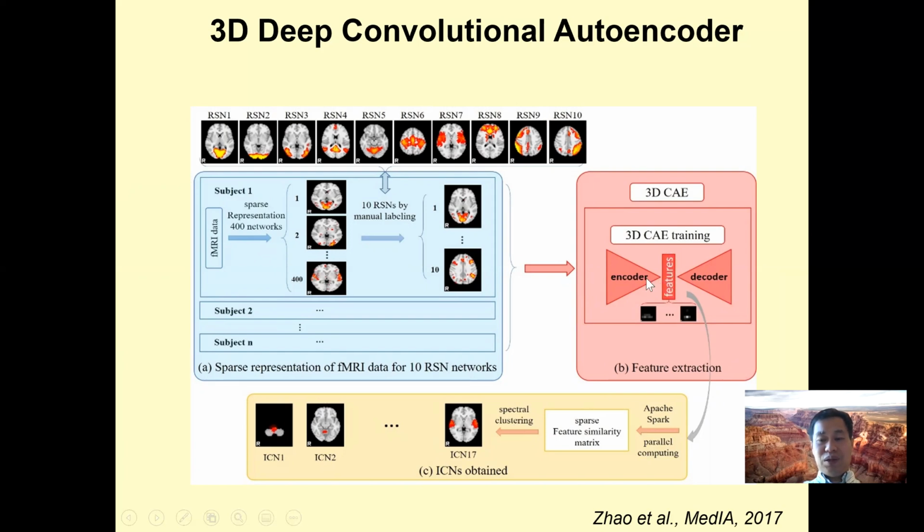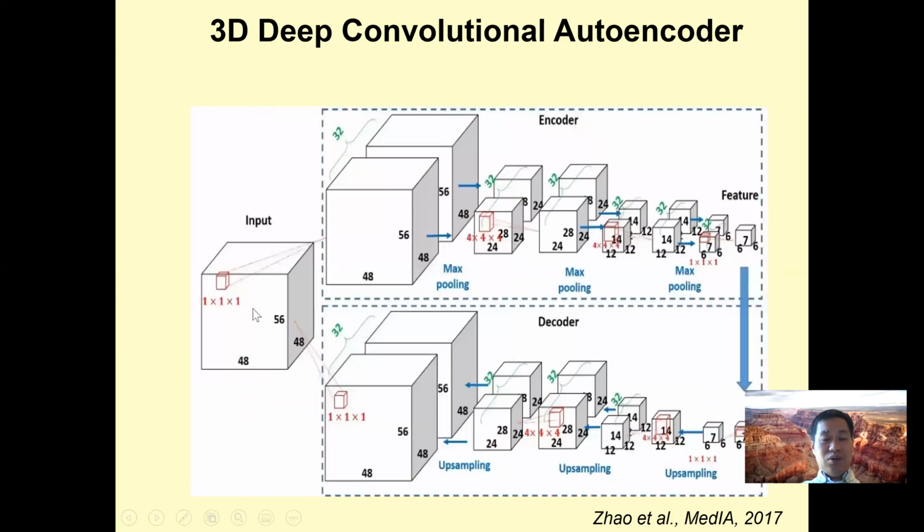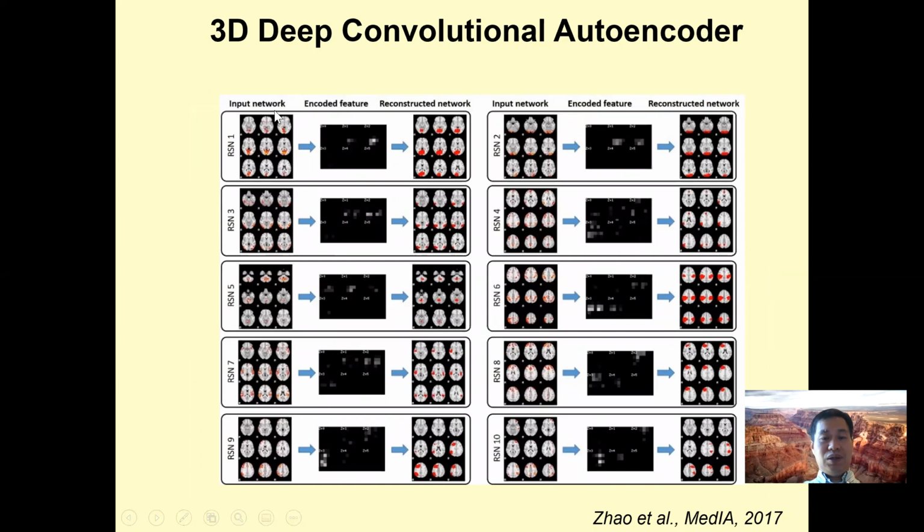So we can take the input brain network through the encoder and decoder, extract features, and then do the reconstruction of the brain network from the input to the output through the encoded features. So this is a simple example showing you how this whole network works from input to output.